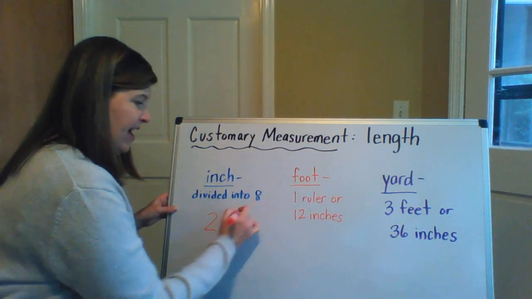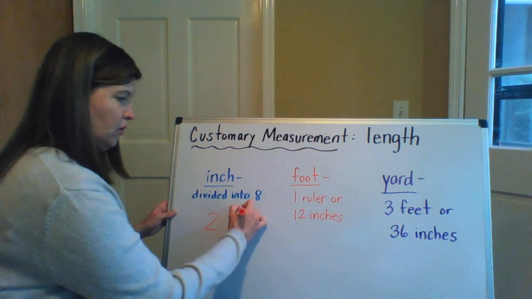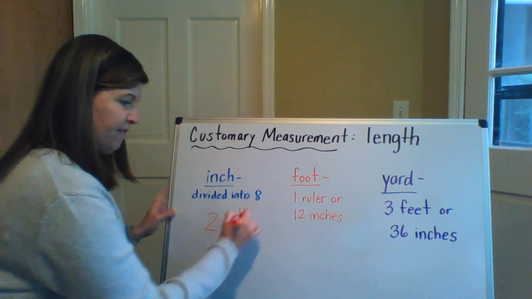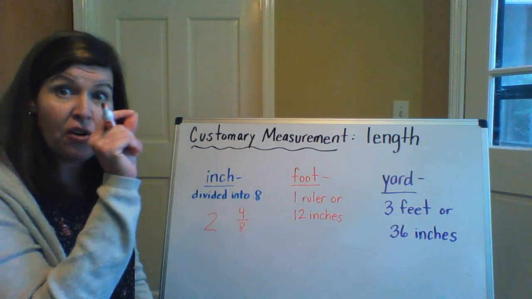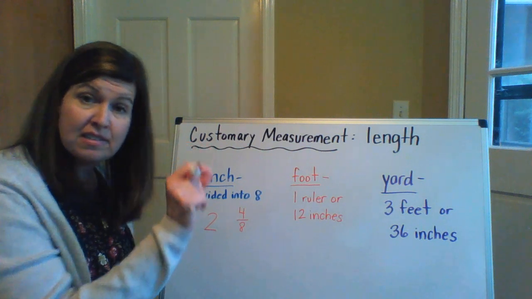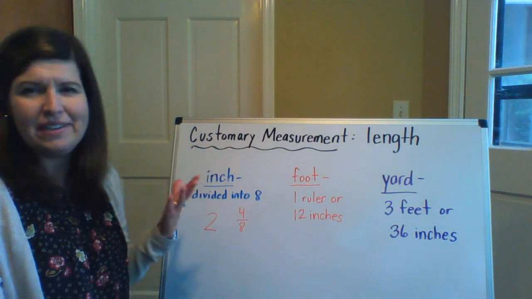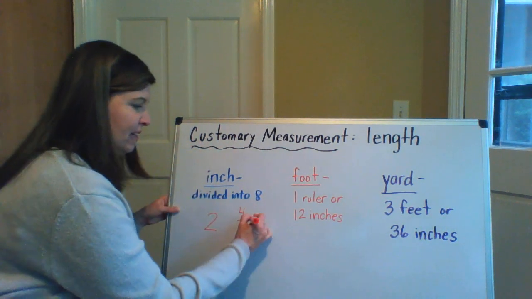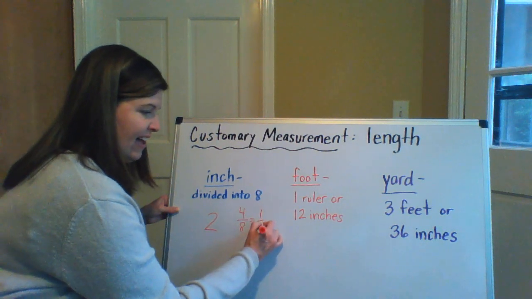So for instance, if I had 2 whole inches and then 4/8, which means 4 of those lines, it would be 4/8, but we're going to simplify that. That really means a half.